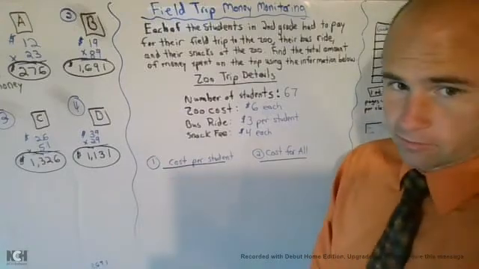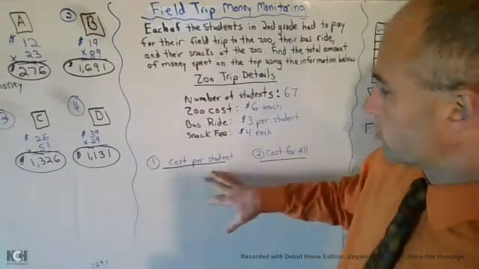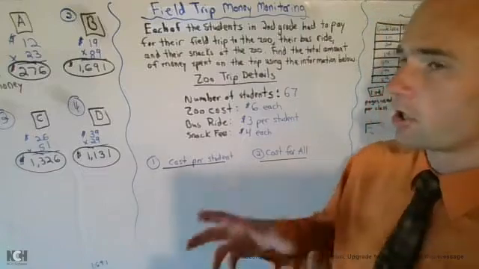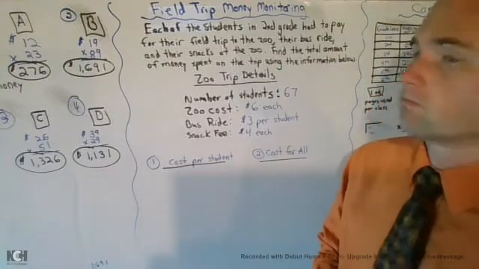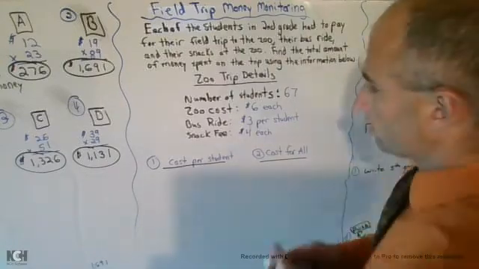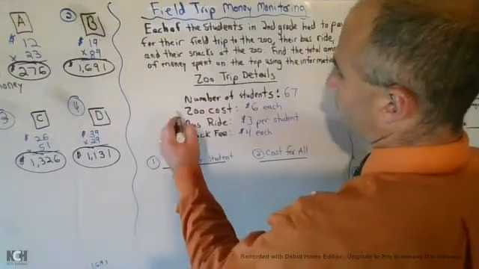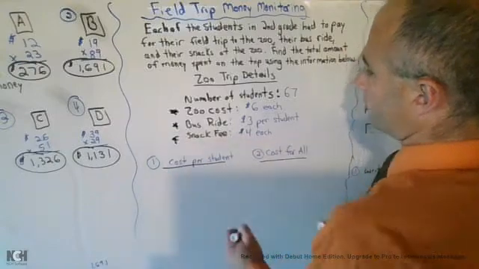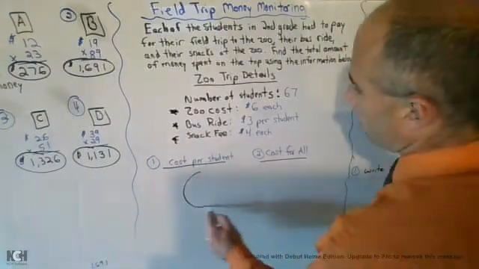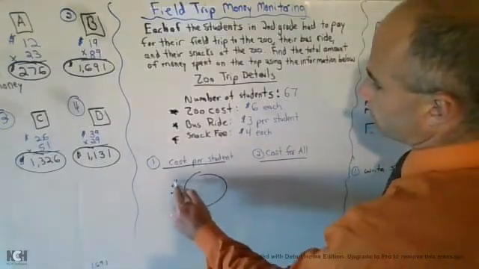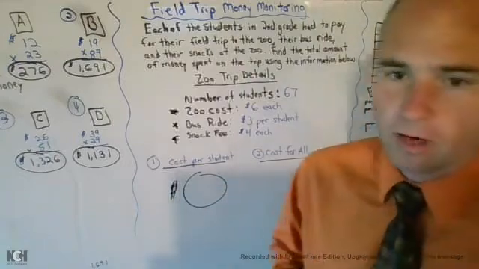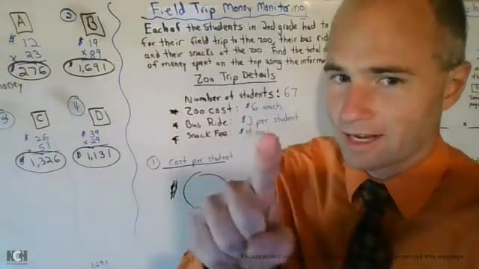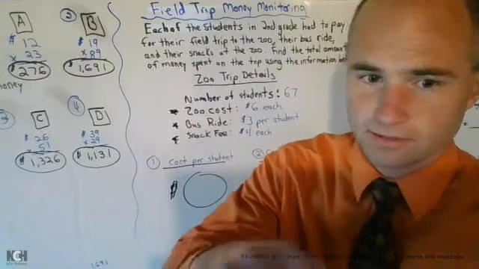So the first thing I want to do is find out the cost per student. How much did it cost for each and every student? All right. So that's going to be adding up the zoo cost, the bus ride, and the snack, and then coming up with a total dollar amount. All right. Go ahead and do that now. I'm not going to tell the answer though. That's so easy.